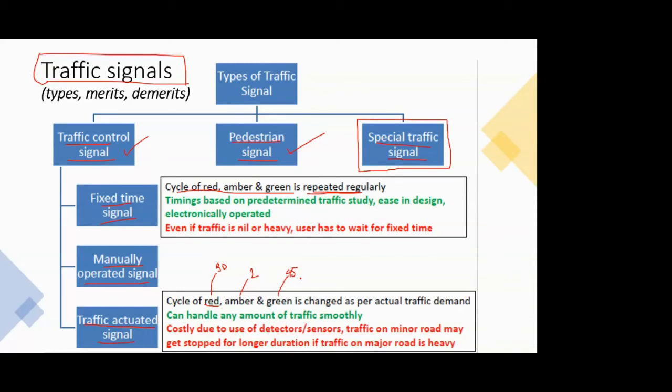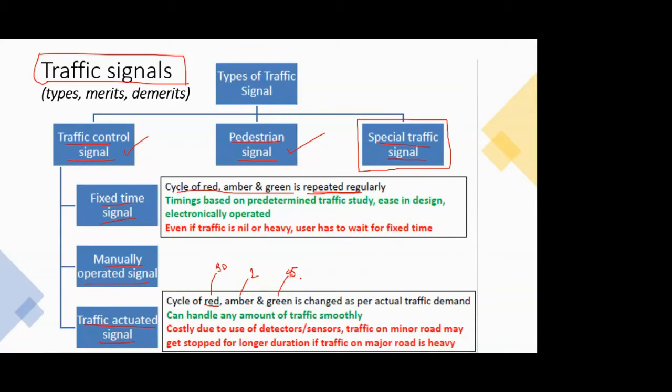So what we have seen in classified traffic volume count, I told you that there is one sophisticated way in which you can count the vehicle: you can have a videography survey, and then you can feed that video to a software, and that software will segregate what is the type of vehicle or how many vehicles are traveling on that road.